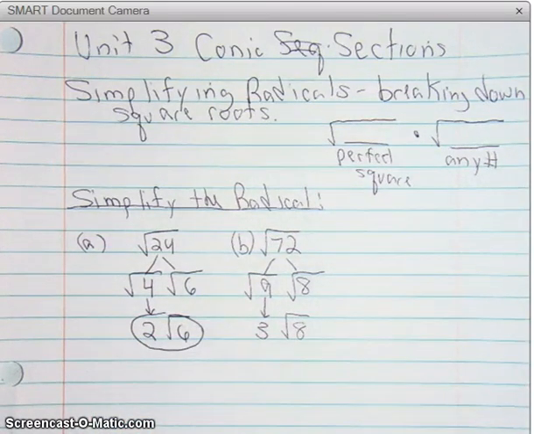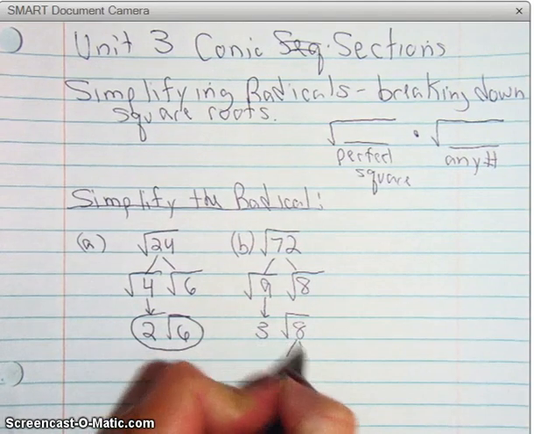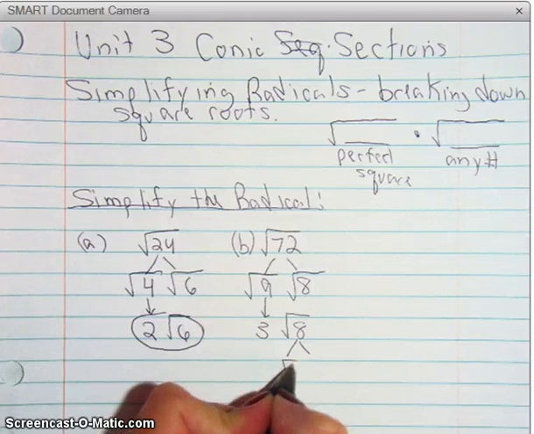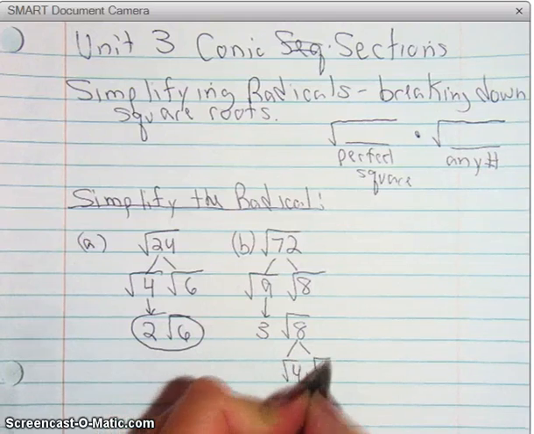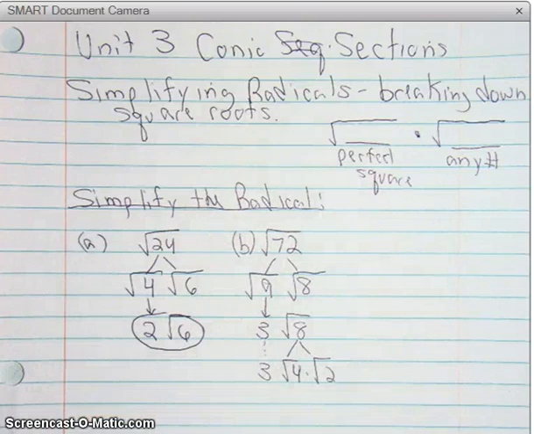And then the square root of 8, we can't do. Or, can we? Is there a number in that list that goes into 8? Go ahead, Max. 4 times. Yeah. So the 8 can actually be broken down into 4 times 2. And now don't forget, you already have that 3 sitting out in front.